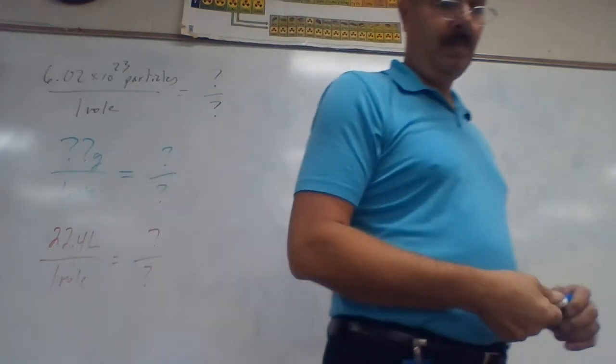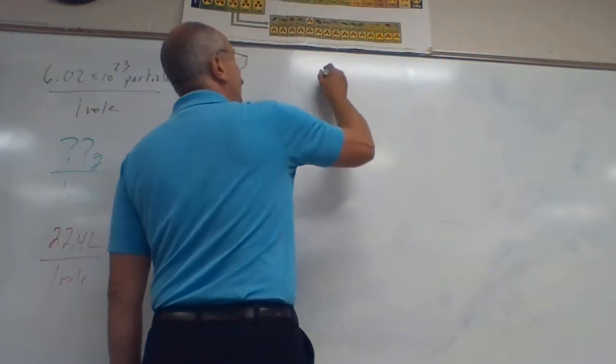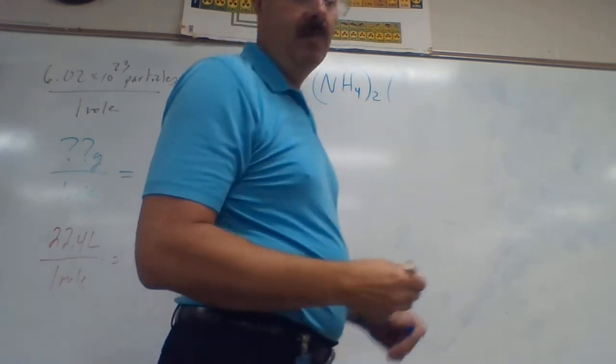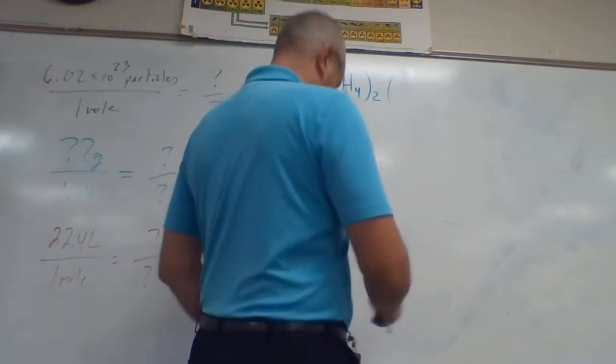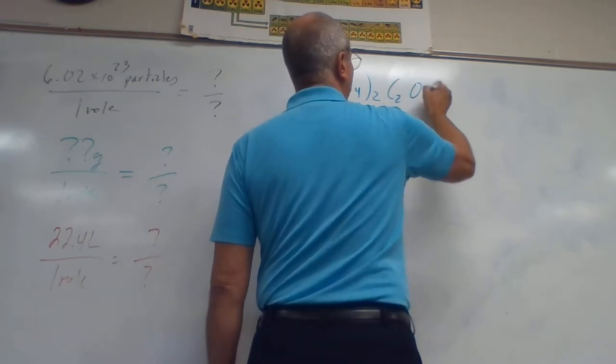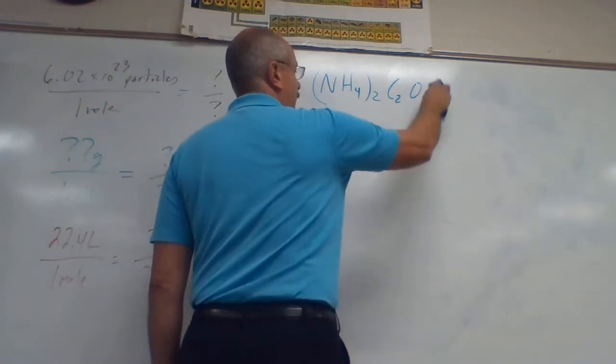Letter B, we have a whole bunch of them. We got (NH4)2C2O4. Oops, I don't need the parentheses there. All right, that's a whole bunch of stuff there.